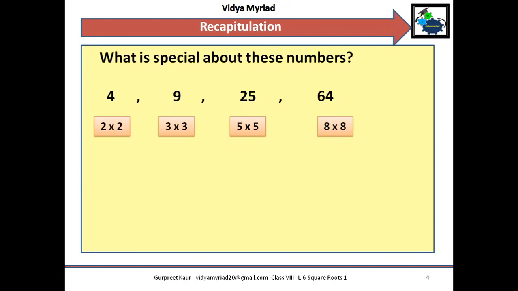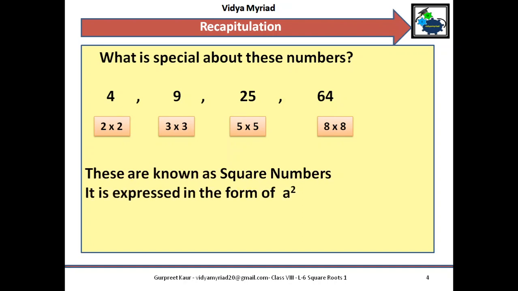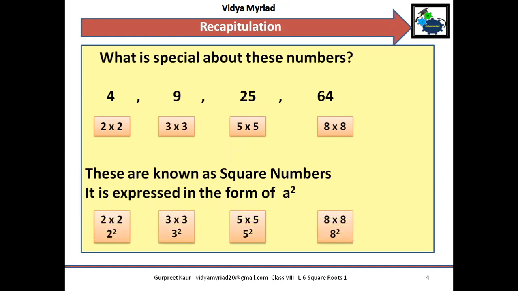All digits are in doubles, or I can call them square numbers, which can be written in the form of a square. So if I want to convert these into square form, the first one, 4, can be written as 2 square, 9 can be written as 3 square, 25 as 5 square and 64 as 8 square. Okay, so let's move further.